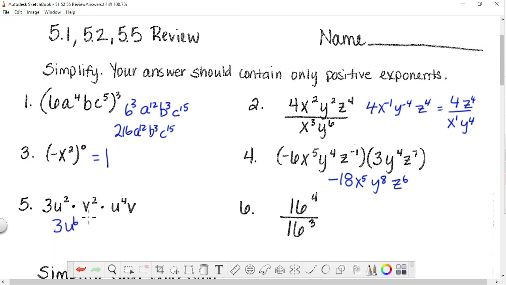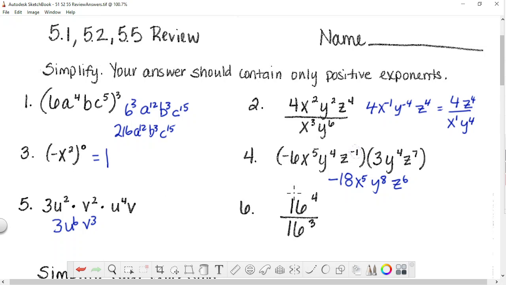So 3u to the 6th, and we have v. Well, v to the 2nd, and what's the exponent here? It's not written, but if it's not written, then it's 1, right? So you have 2 plus 1. So that is v to the 3rd. Okay, and that's it.